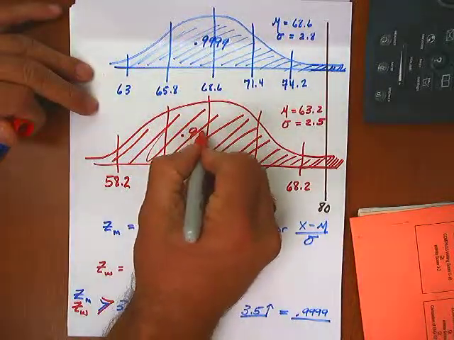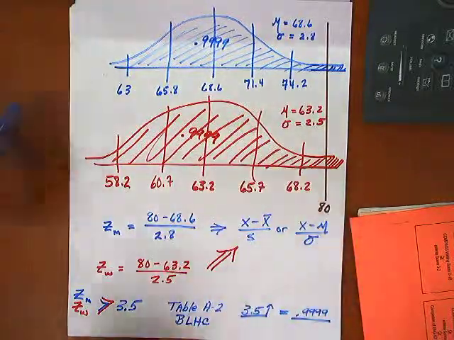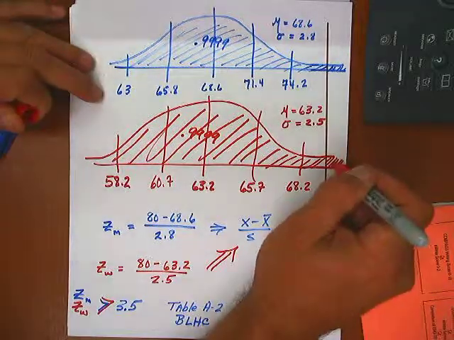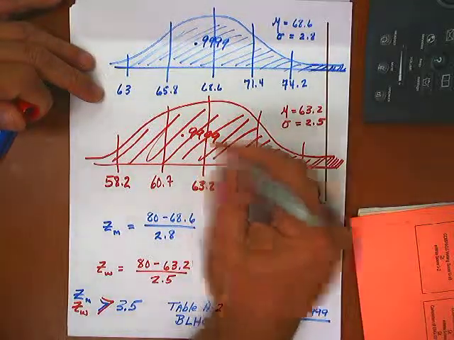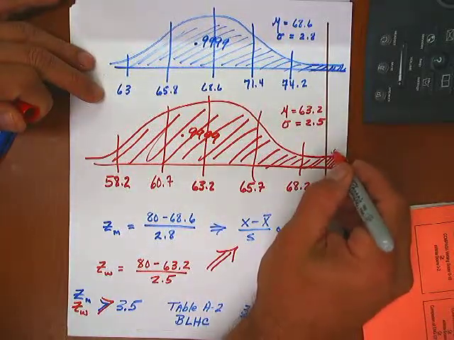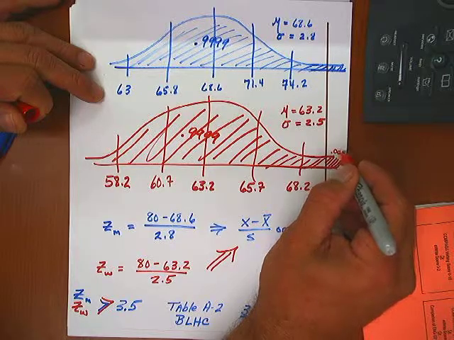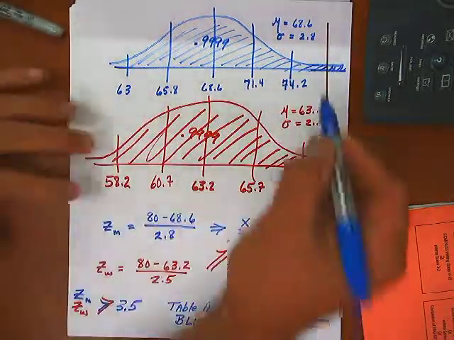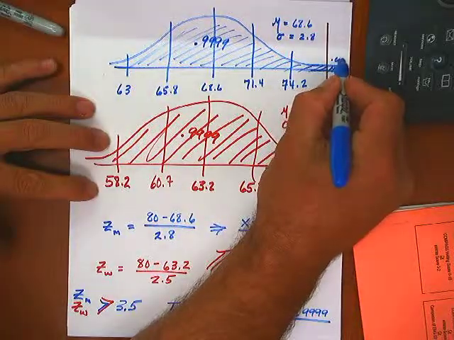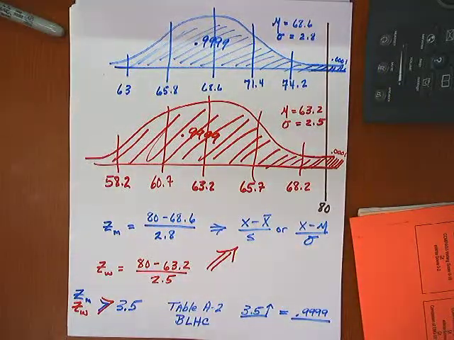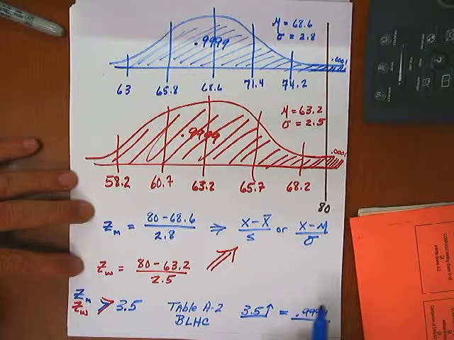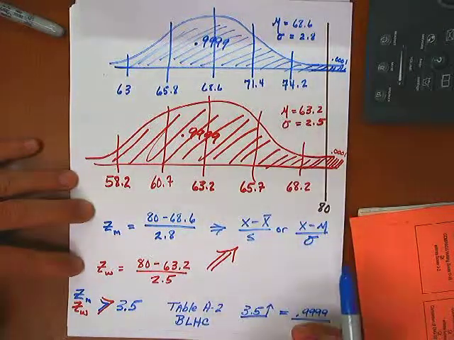This is 0.9999 and this is 0.9999. So therefore this area over here, the right hand side, is 1 minus the left hand side, which is 0.0001, and the blue right hand side is 0.0001.